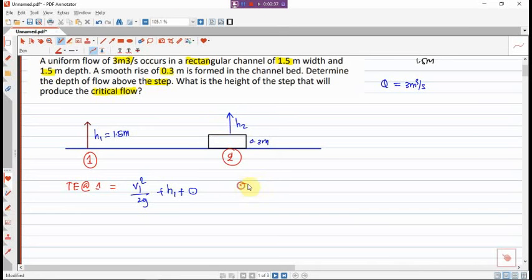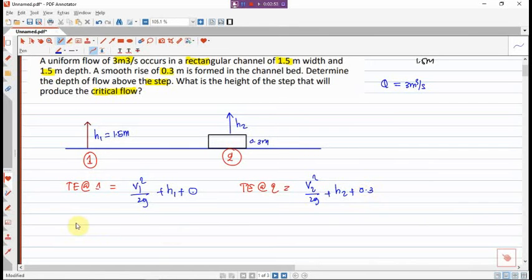Total energy at 2 is equal to v2 squared upon 2g plus h2 plus delta z, that is 0.3.